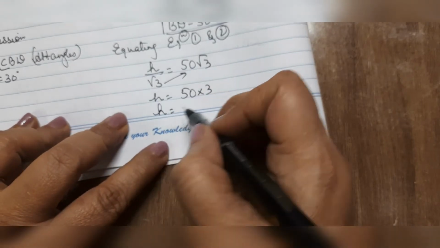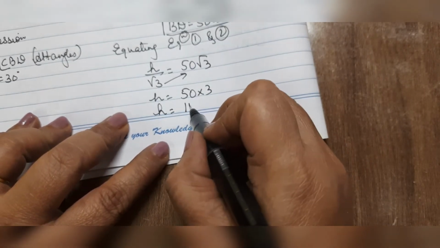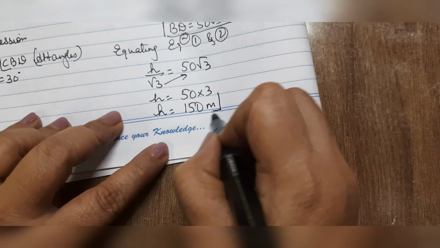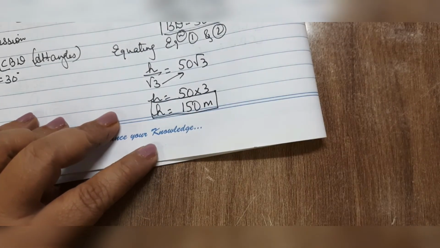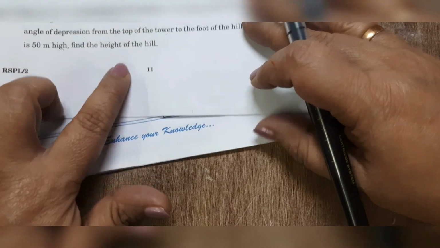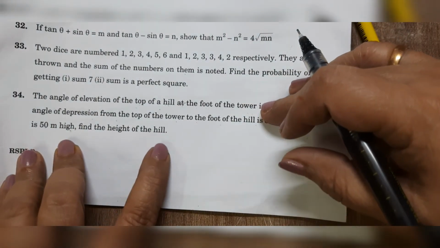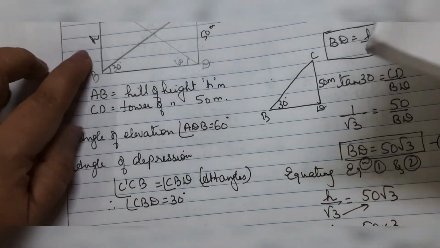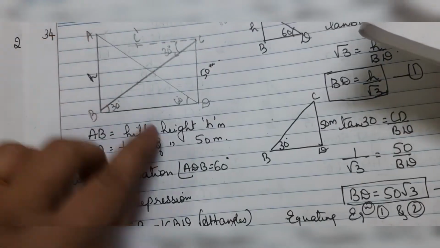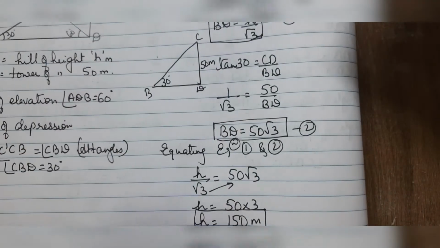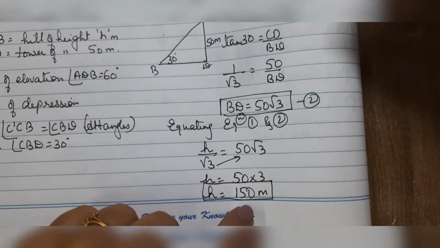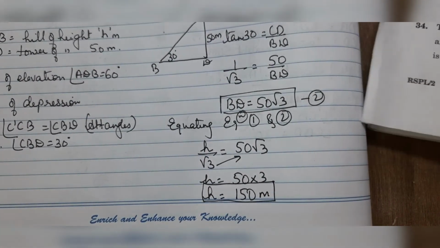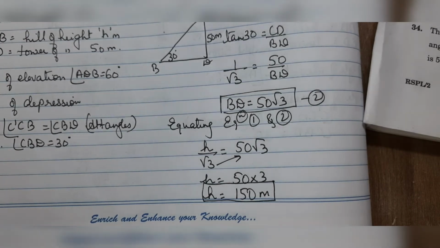Height you will get as 150 meter. That's it. They have not asked the distance. They asked you to find the height of the hill. We had taken height of the hill as h, so we got it as 150.